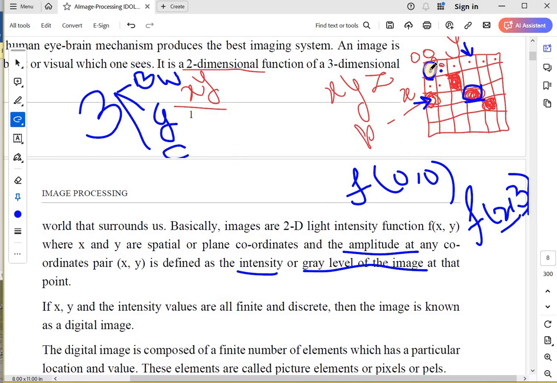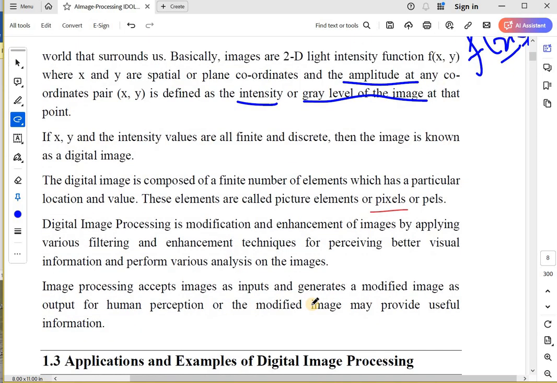I hope the concept of x, y and the grid and how to find out the value of a pixel is very clear. Now just now I told you something which is called a pixel. Whenever we talk of an image as a digital image, it is made up of a finite number of elements, and every element in it, the smallest element, is called either a picture element, a pixel, or PELS.